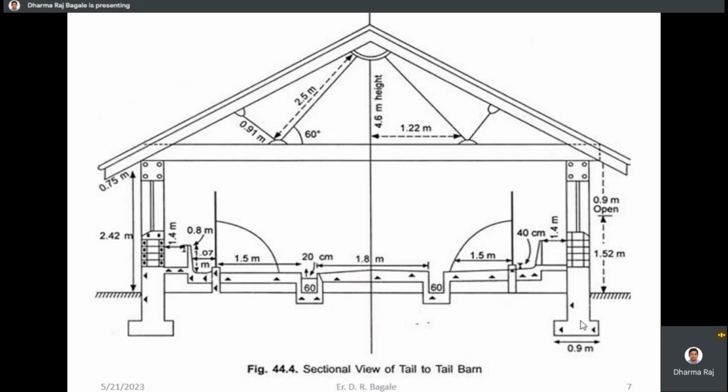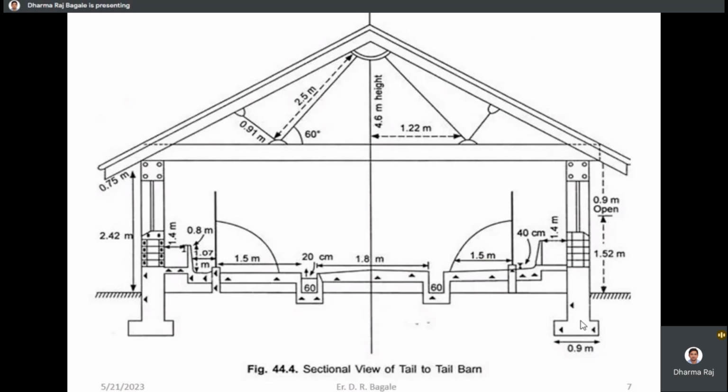and on both sides of the cow you can see the manger alley. Manger, one of the things is manger, where we supply the feed, fodders, and also there we will keep the water trough for the purpose of drinking water to the animals, and to provide these feeds to the animal in the manger.